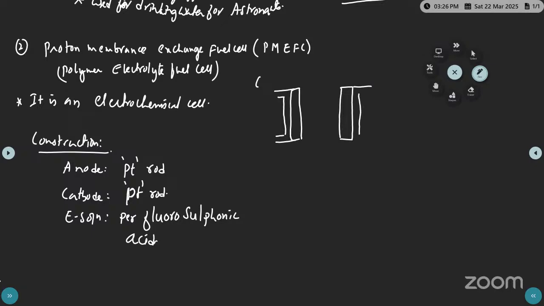These two electrodes are separated by a polymer membrane, the proton membrane. In this, H plus ions migrate from one electrode to the other, and the two electrodes are connected through a battery like this.